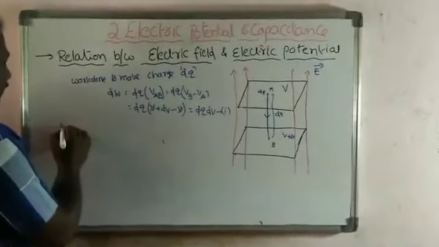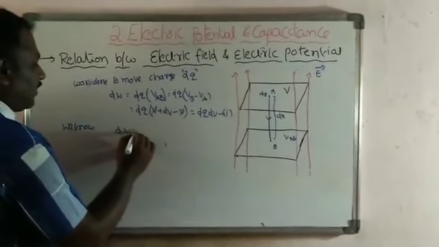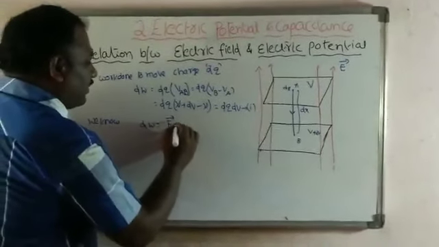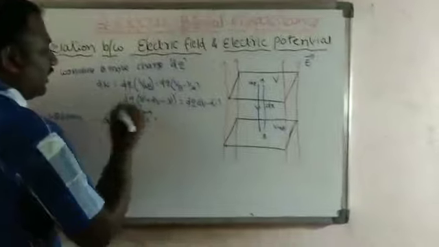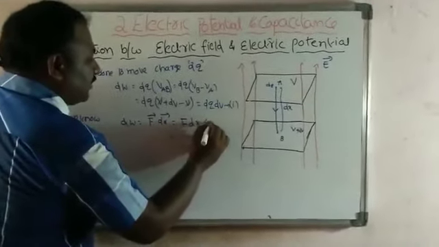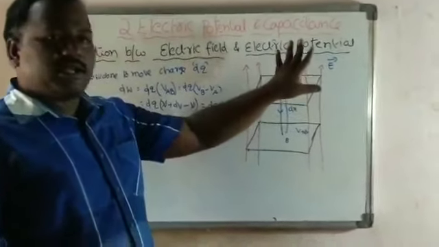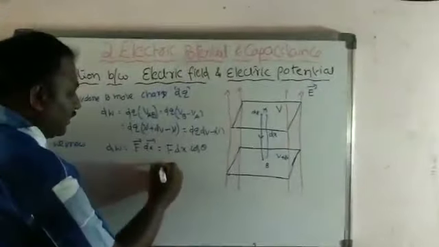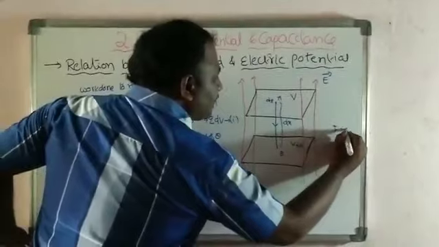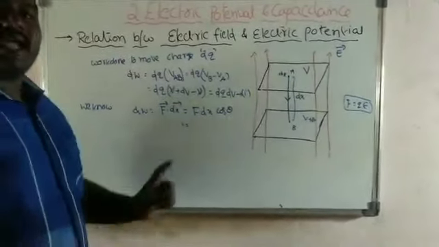But we already know the definition of work done: work done is equal to force into displacement, or F bar dot dx bar, written as F into dx into cos theta. The field is in the upward direction, and force is charge into field, since force per unit charge is known as electric field.